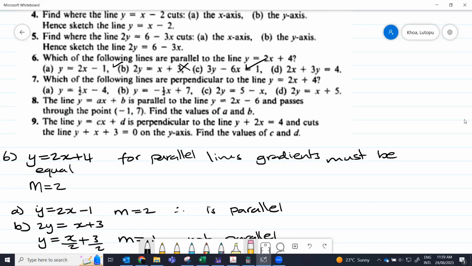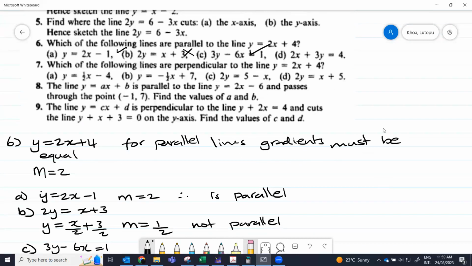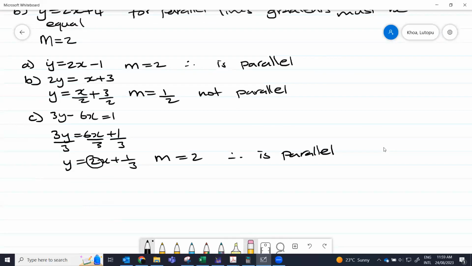Then we do the same thing for D, the line 2x plus 3y is equal to 4. In standard form, 3y is equal to minus 2x plus 4, divided by 3.